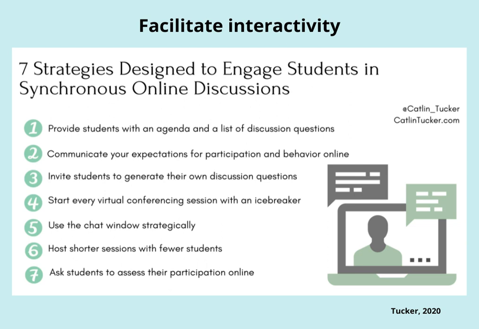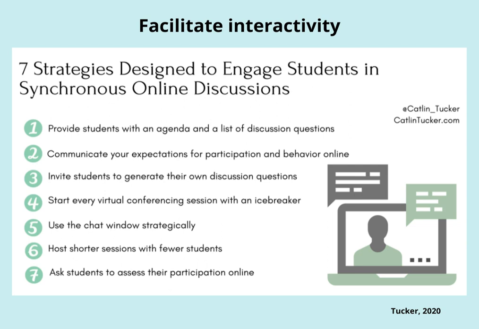You also communicate your expectations, especially because some persons forget that being online can be challenging when you are in an environment where you're not always seen. Even if persons are on camera, phones might be available or there might be distractions.